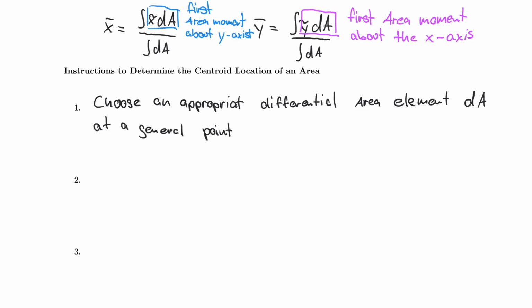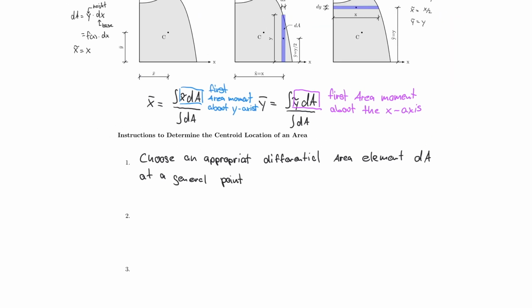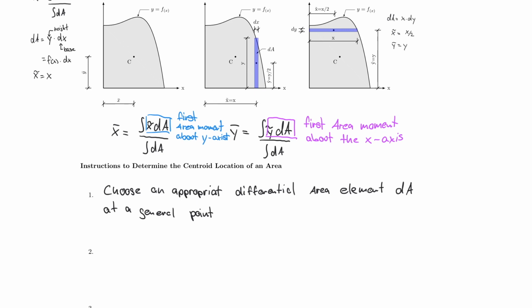What does that mean? That means what I've done here in blue. I point to it for you. So I choose this, for example. Or if I had my function of y, I would have chosen this. But I'm going to stick with the middle picture now for the instruction here. So I choose this here and I drew this in here.